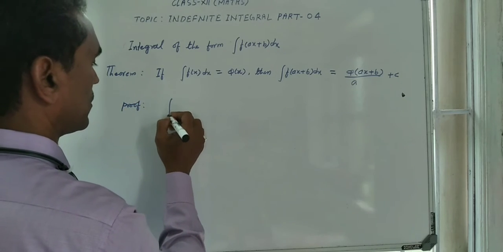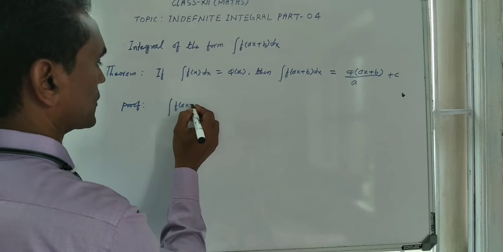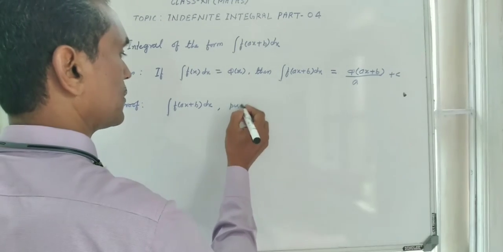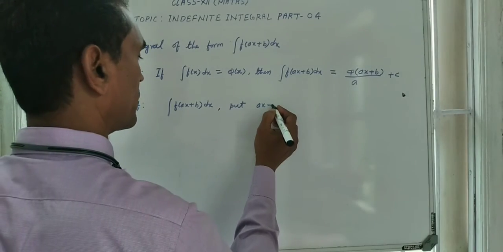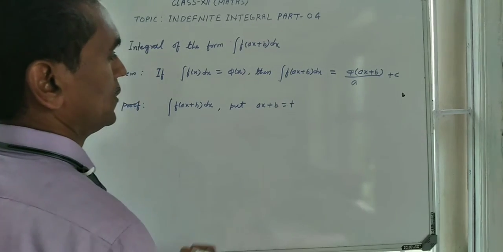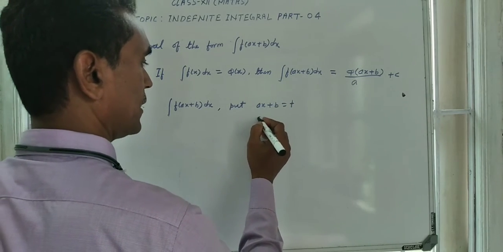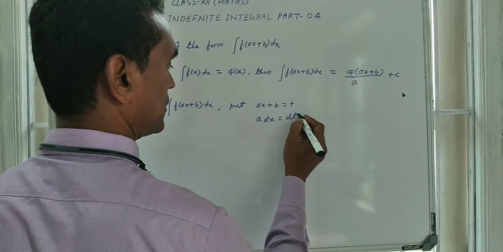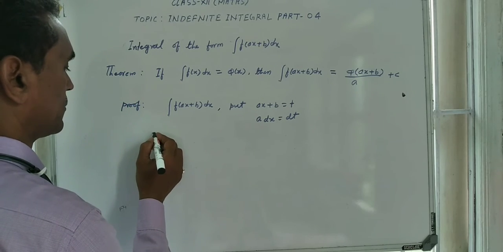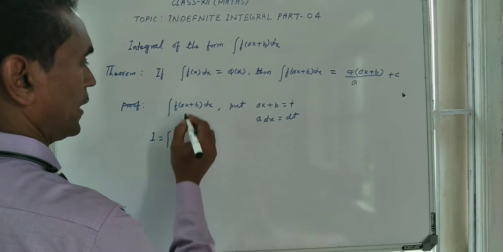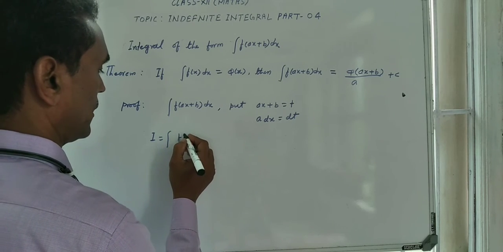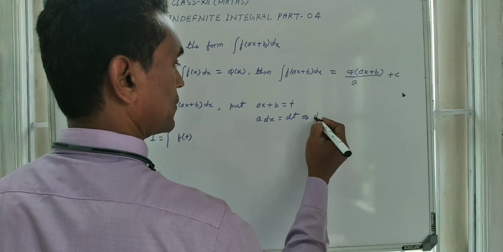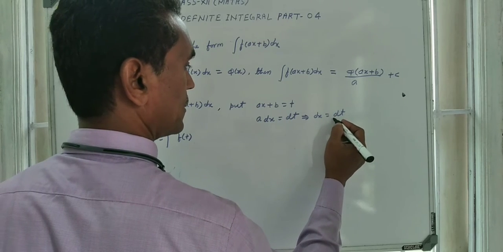Proof. Integral of f of ax plus b dx. Put ax plus b equal to t. Now differentiating both sides with respect to x, we get a dx equal to dt. So this will become I equal to integral of f t, and dx equal to dt by a.